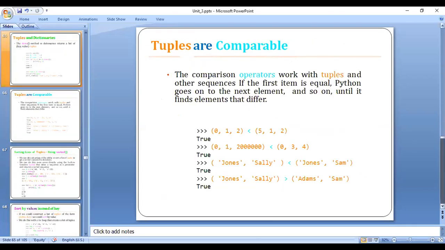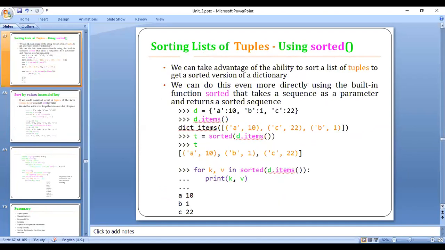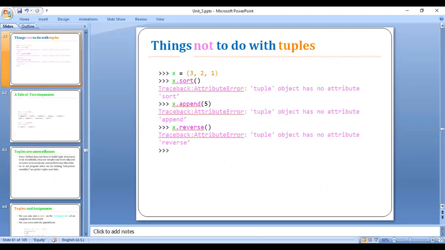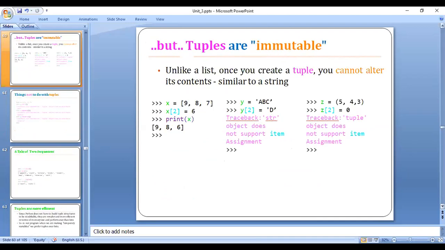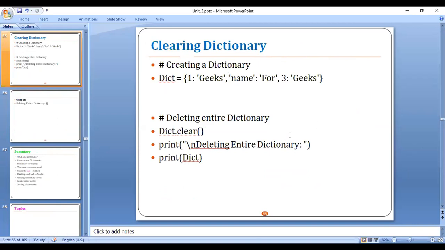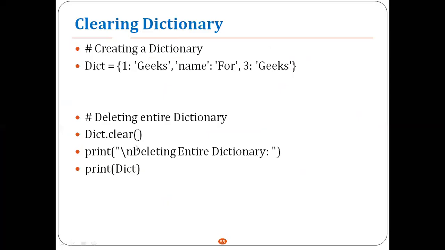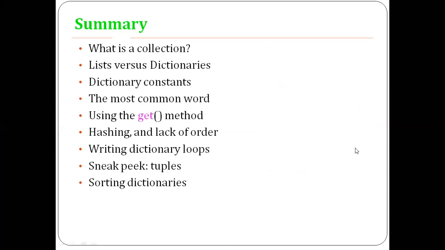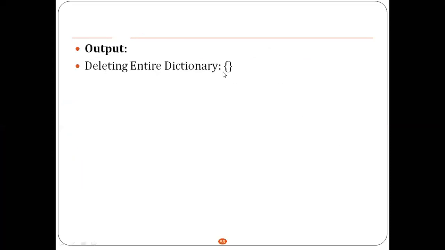So this is how you can use it. The same thing can be used with the dictionary as well, right? What happens here? You have the clear here. Once you clear it, there is still a dictionary with an empty collection.